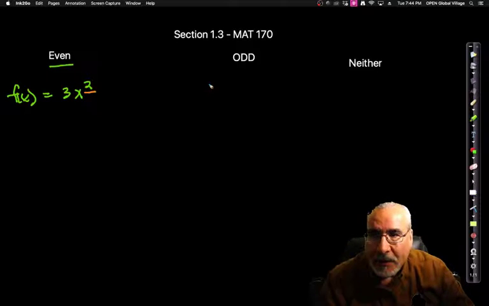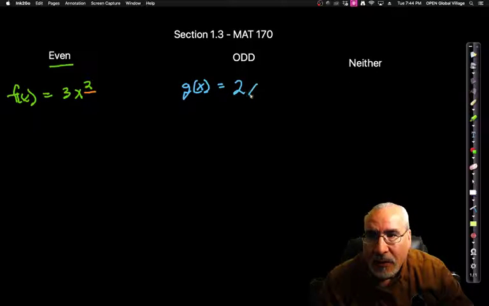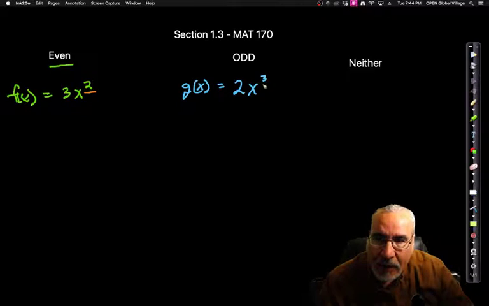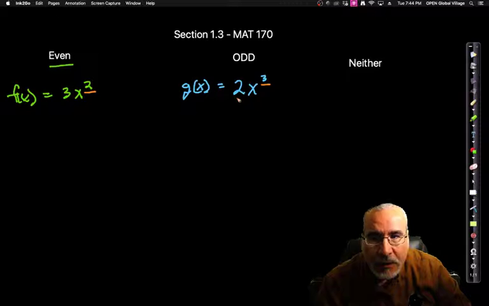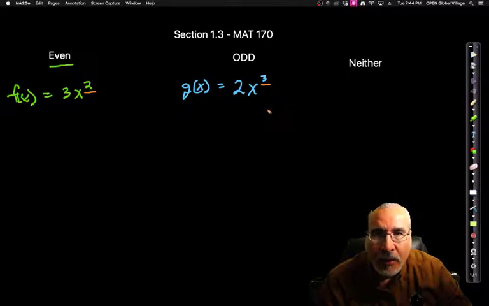An example of an odd function is going to be something like g of x equals, say, 2x to the third. And again, this is an odd function because the exponent is odd. It doesn't matter about the coefficients. It's only looking at the exponents.